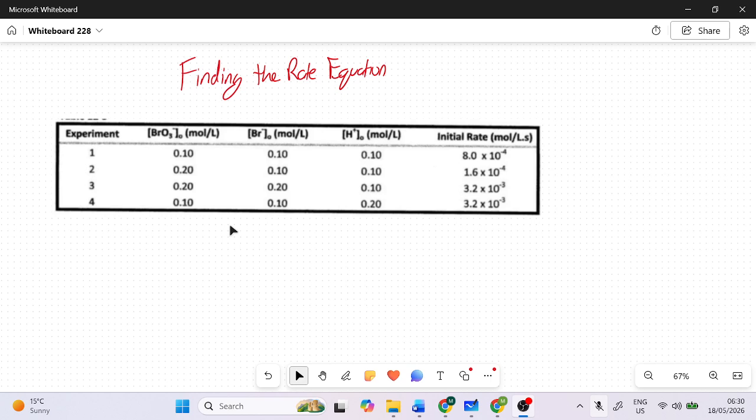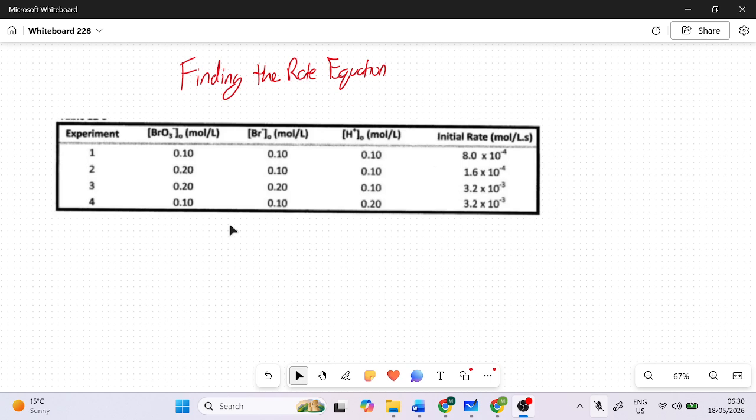Normally you do a set of experiments, check the concentrations, and check the effect on the rate, and see whether the rate remains the same, changes proportionally, or changes quadratically.